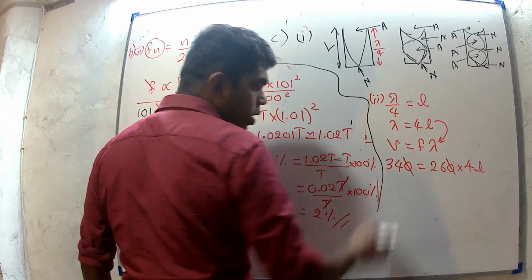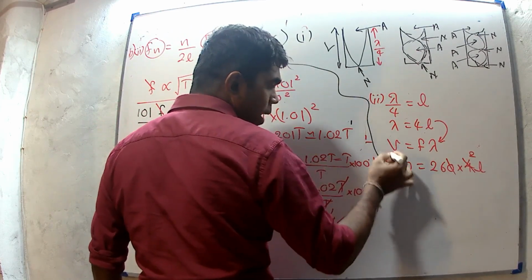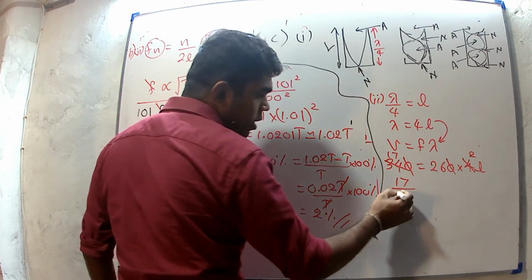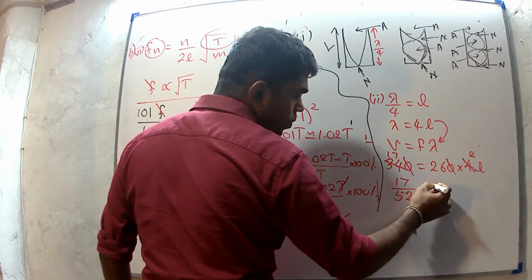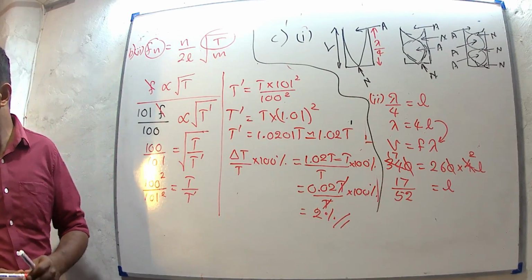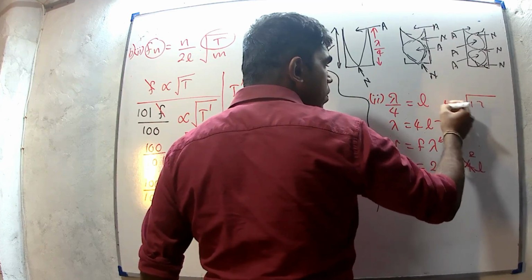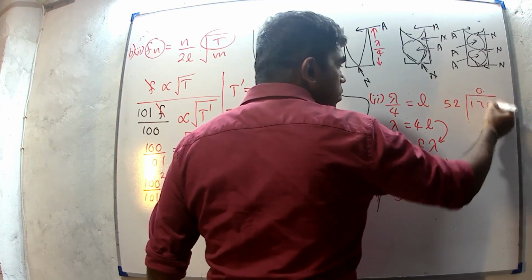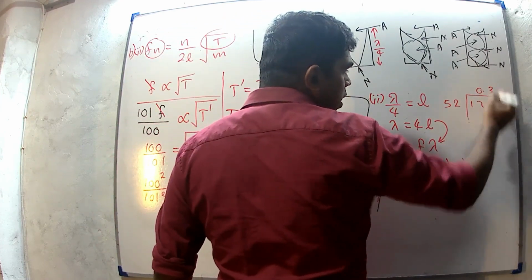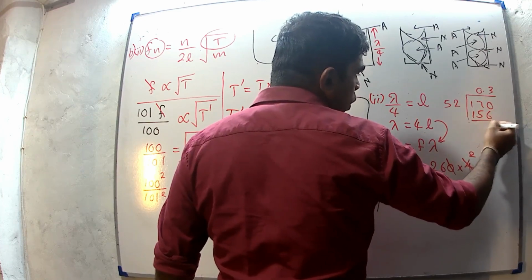We can cancel out the 0, divide by 2, 17, 17 divided by 52. I will divide it. 170 divided by 52, 3, 3 into 2, 6, 3 into 5, 15, 10 minus 6, 4.